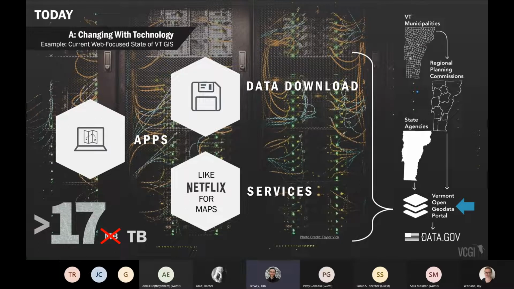So all of this allows us to present tools that are internet accessible, and they aggregate across jurisdictions. So data that we provide is ultimately sourced from multiple parties, from municipalities themselves, from regional planning commissions to differing state agencies, as I was referring to before. We are an aggregator, and we do that through tools such as the Vermont Open Geodata portal that I will refer to later.